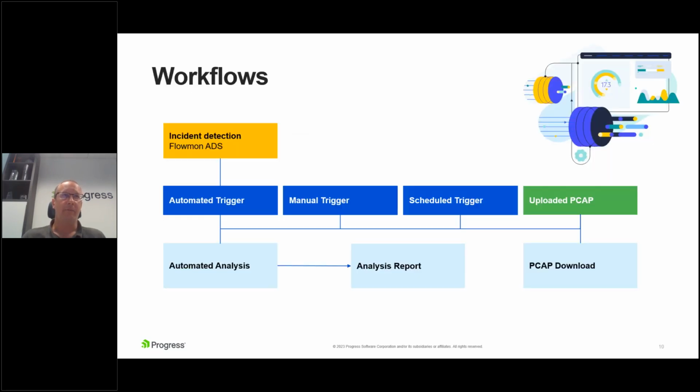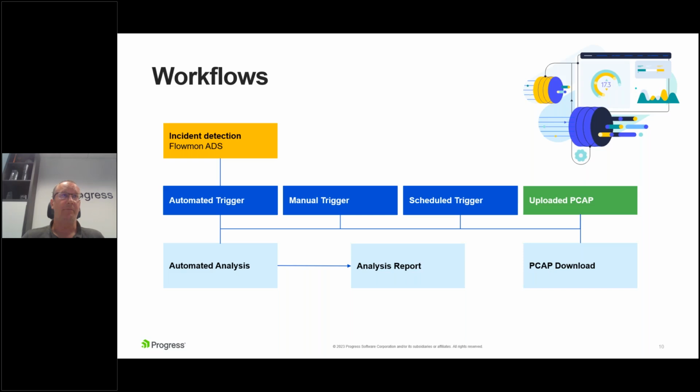When it comes to available workflows, there are multiple options for how you can capture the network traffic. There is a standard manual trigger, so you log into the user interface and you just capture the traffic that you need. You can also schedule that capture. So if you have an issue that happens at 2 a.m. in the night, you can schedule a packet capture for a specific time interval, and it will be performed automatically.